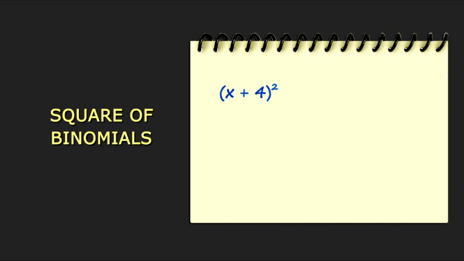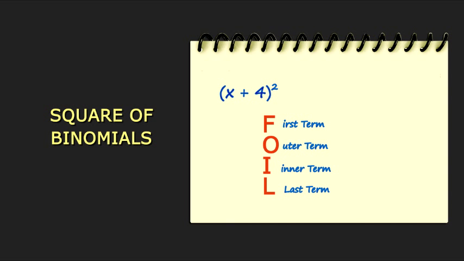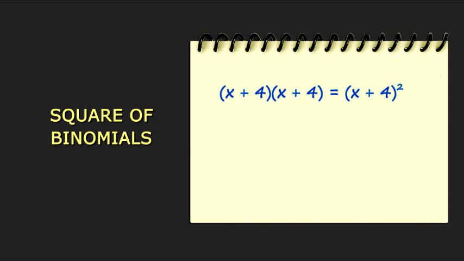Square of binomials. To get the square of binomials, we will also need to use the FOIL method. The first term, outer term, inner term, and the last term. First example is x plus 4 multiplied by x plus 4. First, multiply the first term. X times x is equal to x squared.